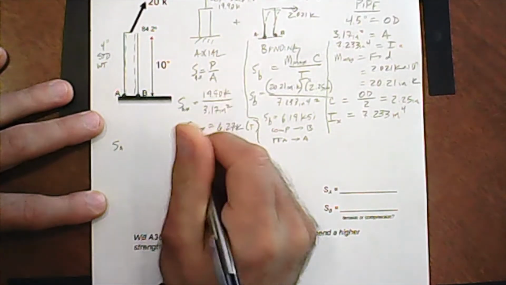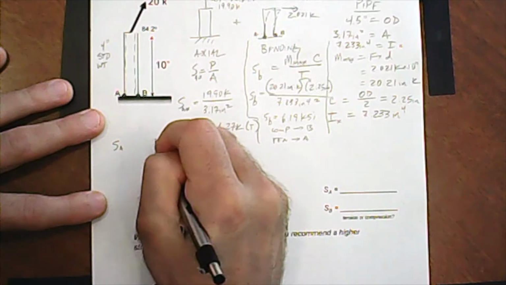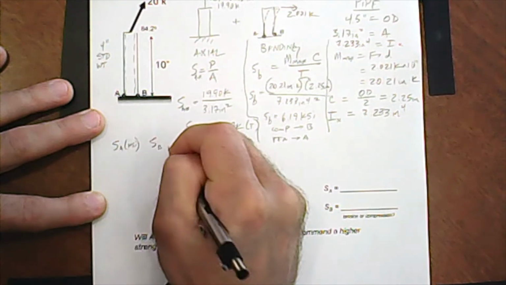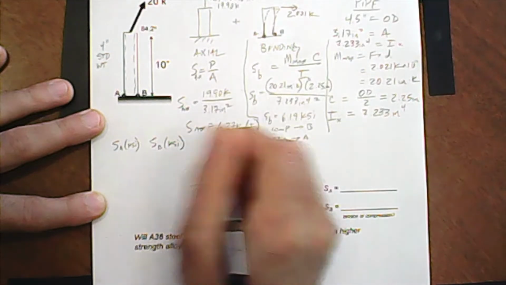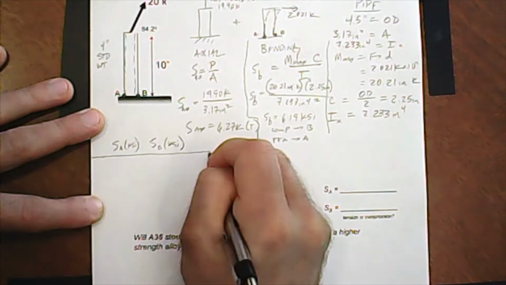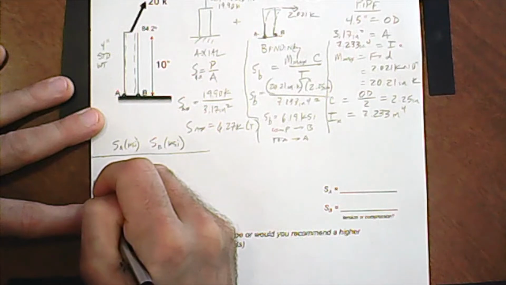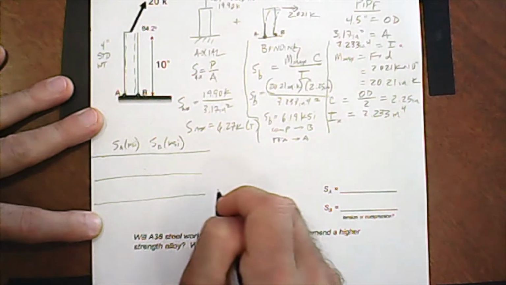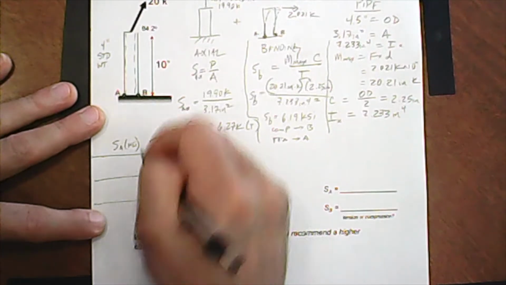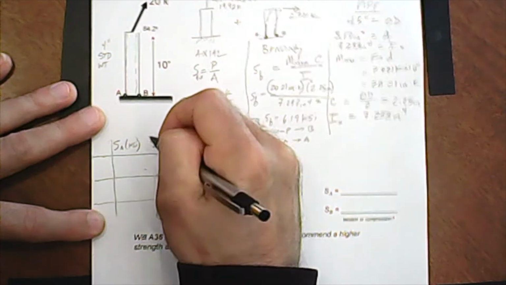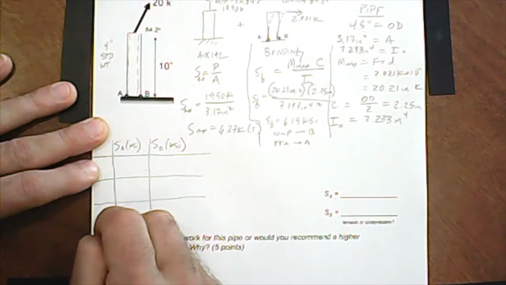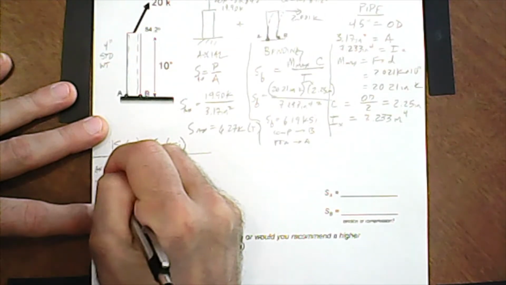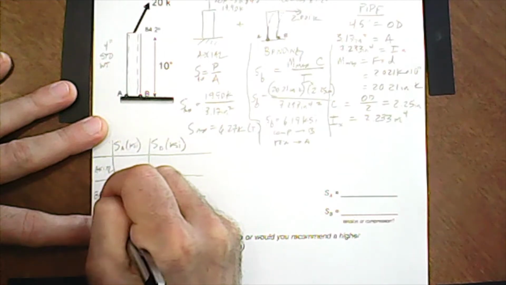S sub A, S sub B. I know it's going to be KSI. Okay, and then we'll sum it up at the bottom. It'll be the summation, and we'll put axial here and bending here.